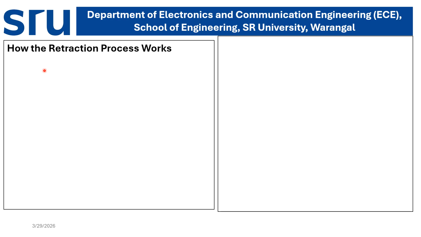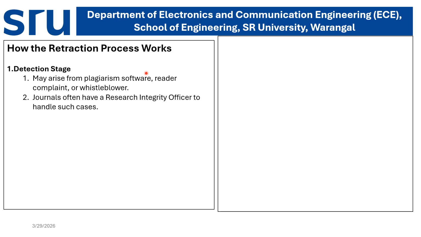How the retraction process works. First of all, the detection stage may arise from plagiarism software, reader complaint, or whistleblower. Journals often have a research integrity officer to handle such cases.